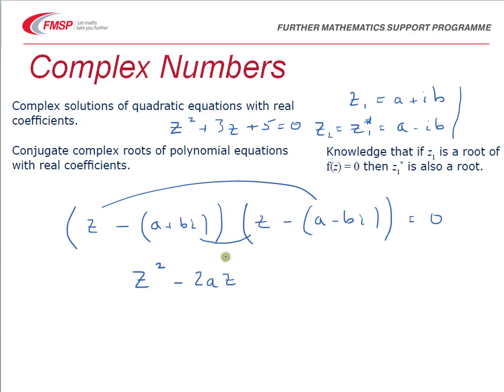And finally, the last pair, a plus bi and a minus bi, well, as before, when you multiply z and z star together, you get a squared plus b squared. So this is a useful technique for building up a polynomial equation from the roots that you're given in a question.